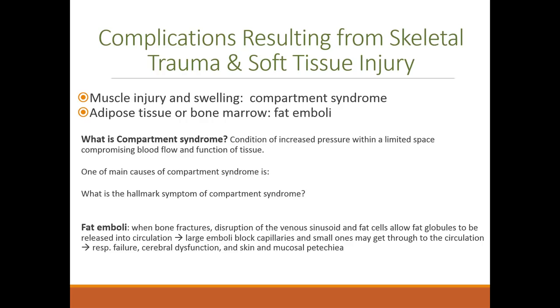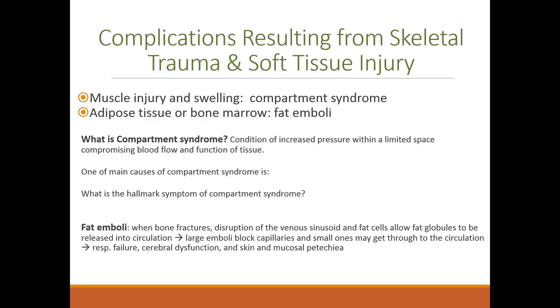If you think of a cast on somebody's arm, if there's swelling occurring underneath, the cast doesn't expand and doesn't give. So we've decreased the size of the compartment, and with a constrictive bandage or dressing, people are at risk for compartment syndrome if they have a cast or something like that.